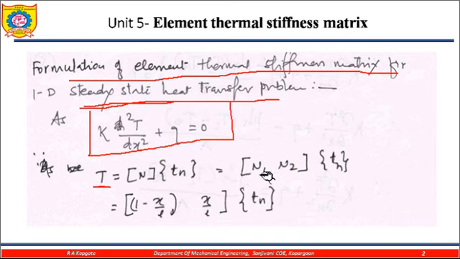So N is equal to N1 N2, where N1 is equal to 1 minus x upon L. In the Cartesian coordinate system we write 1 minus x upon L, and the second term of the matrix is x upon L, multiplied by T1 and T2.